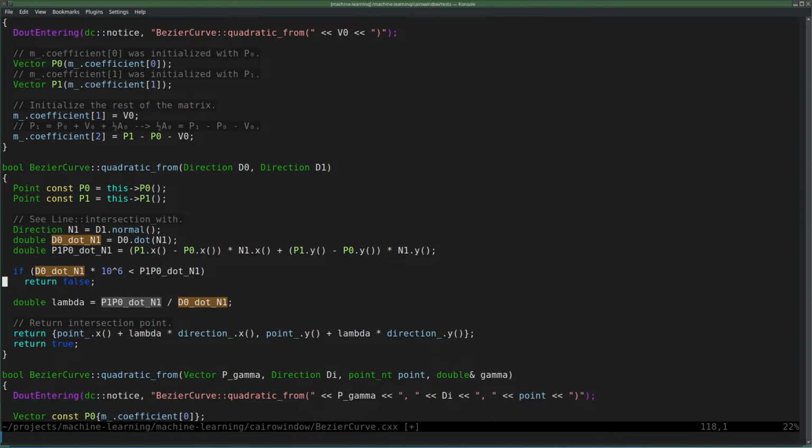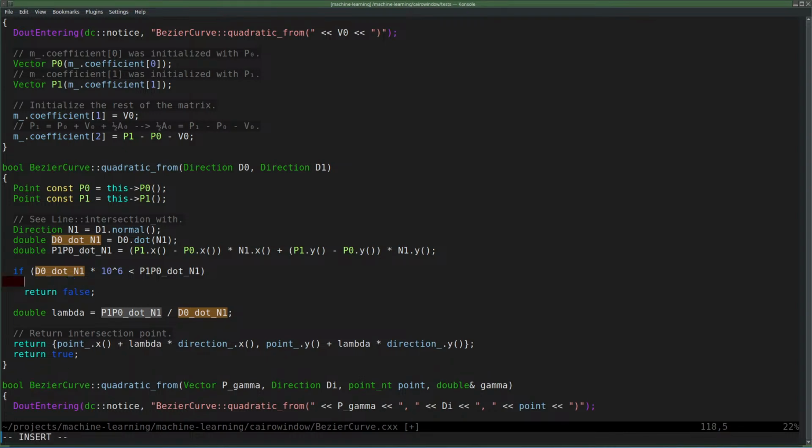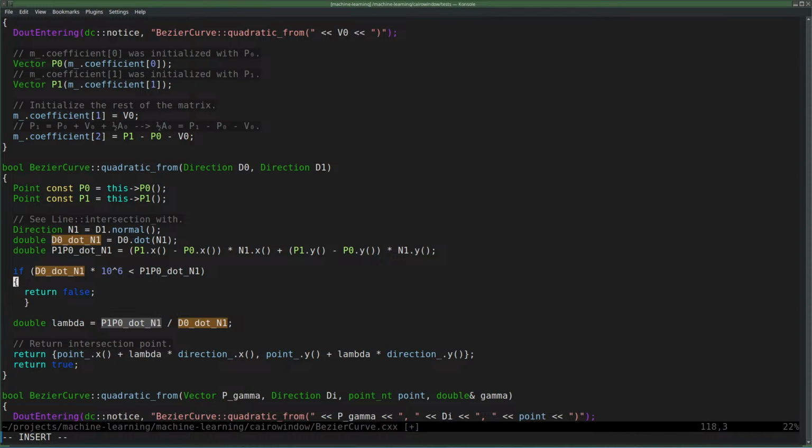So if lambda is larger than 1,000,000, then I treat it as a straight line. Actually, then I should not return false. It's just a straight line. No, okay, maybe I should do a little bit more then.